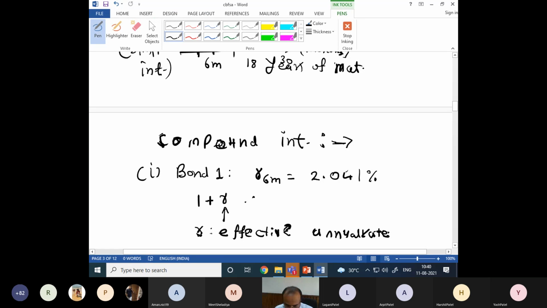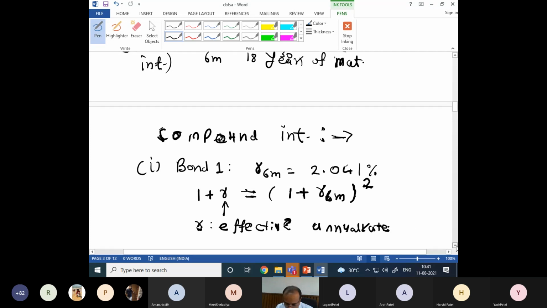So what should this be equal to? It is 1 plus R period, which is 6 months, raised to how many periods in a year? 2, because if I calculate it for 6 months, there are 2 periods in a year.